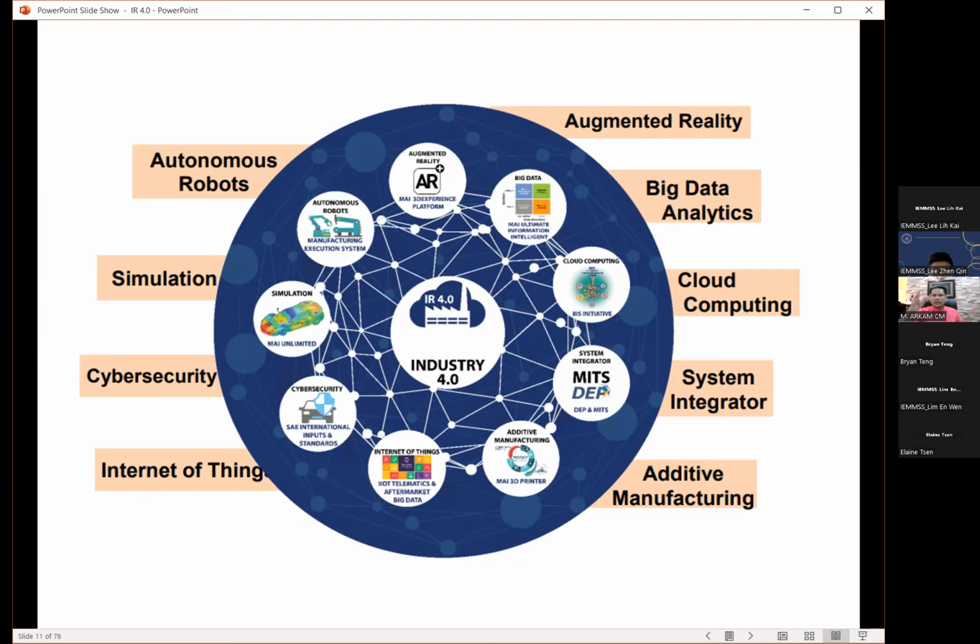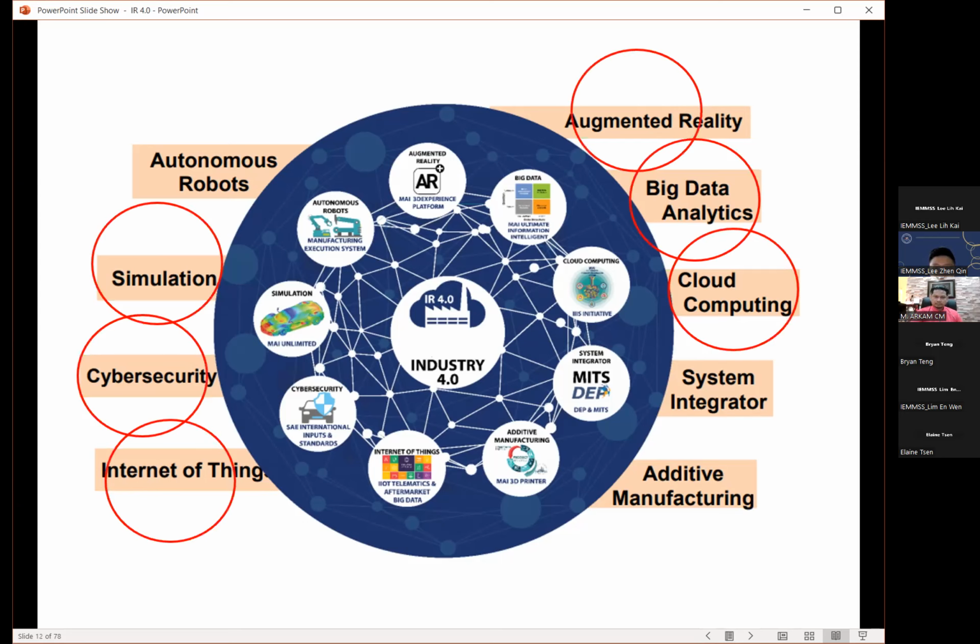When we talk about AR, big data, cloud computing, integration, IoT, cybersecurity, simulation, and robots, it is actually regarding this kind of IR formation. So we can know the elements by knowing the fundamentals only. That is why there is no right or wrong in talking about it, because the reference will be different based on the country that we're referring to.